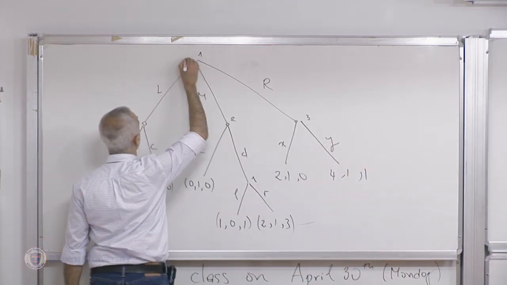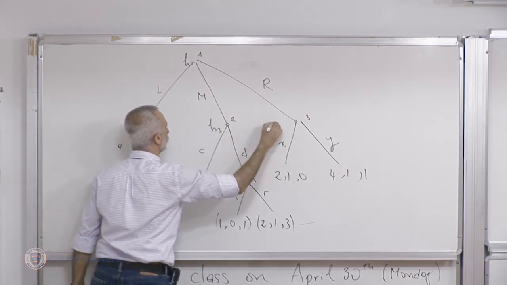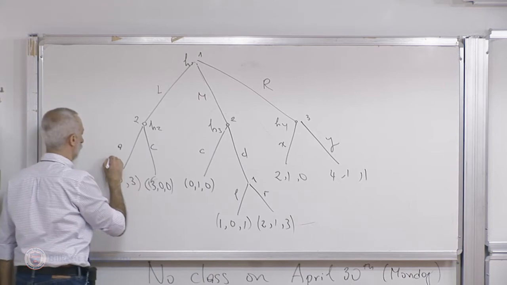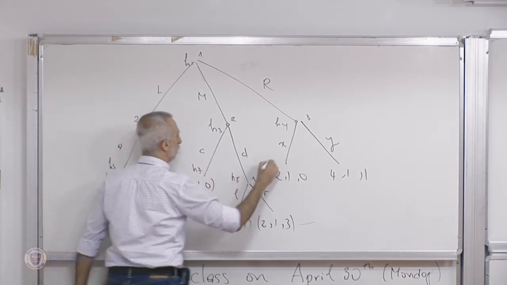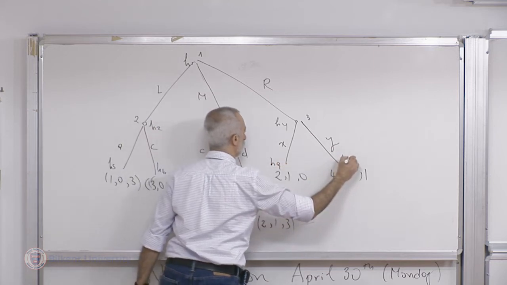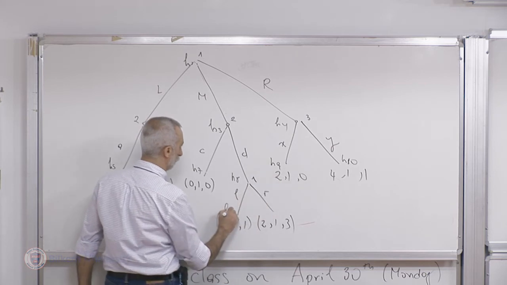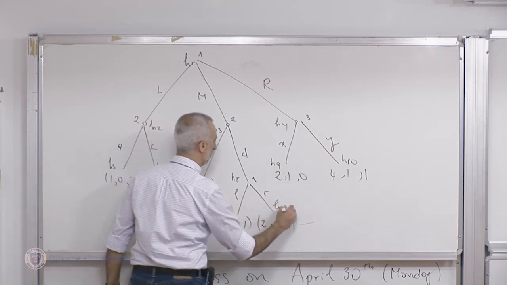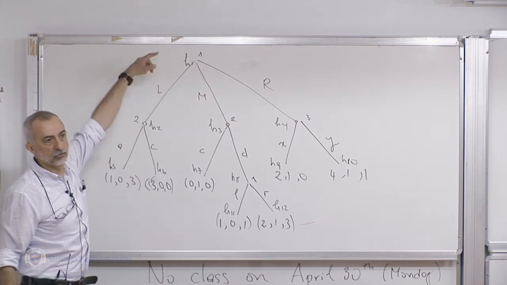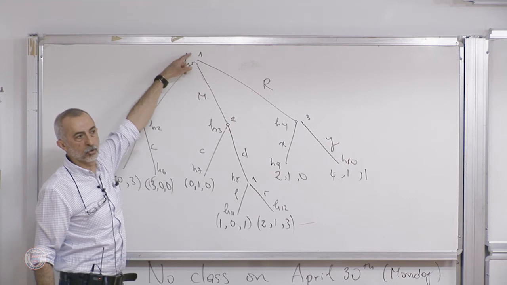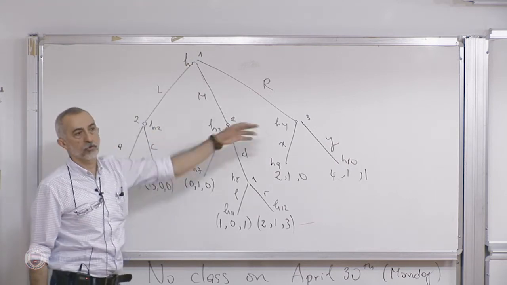Let me label H1, H2, H3, H4, H5, H6, H7, H8, H9, H10, H11, H12. The convention I usually use is to start from the top and move down, left to right.